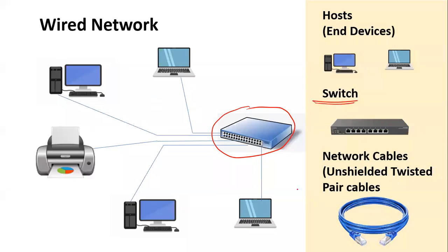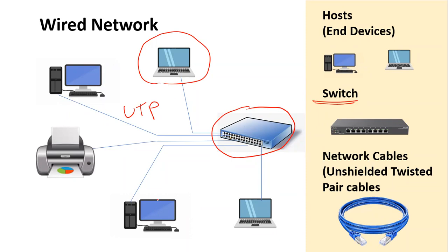And again, these cables are called UTP cables, unshielded twisted pair cables. So to form a network, we connect end devices using UTP cables with a switch.